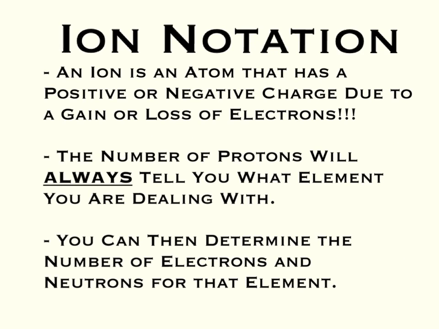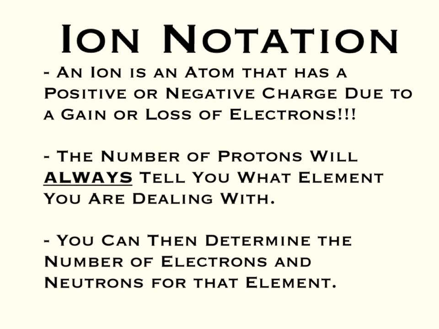Now, just as I said that most atoms like to be neutral, with no positive or negative charge, there are atoms that do have positive and negative charge, and we call those ions. An ion is an atom that has a positive or negative charge due to a gain or loss of electrons. That's it. They only lose or gain electrons, not protons.